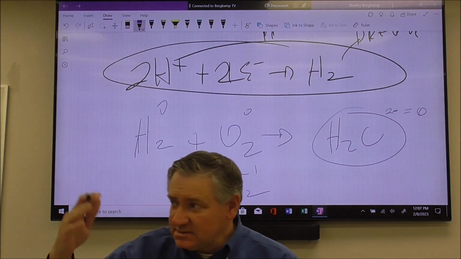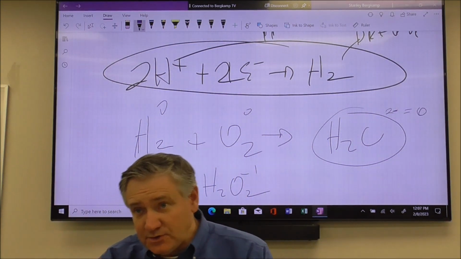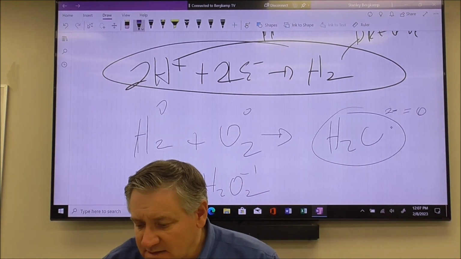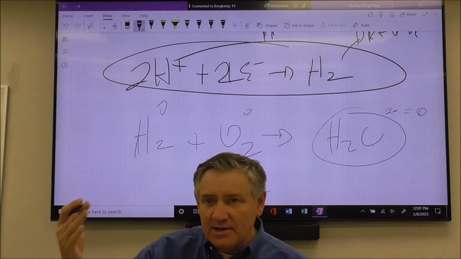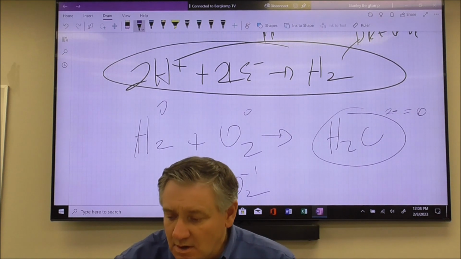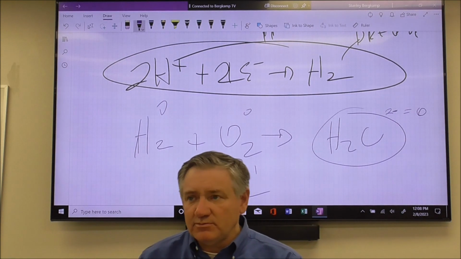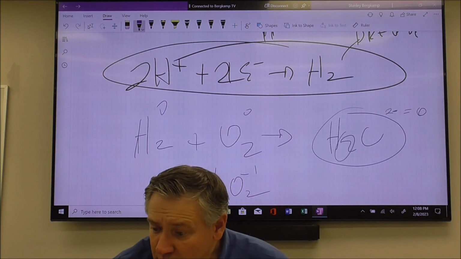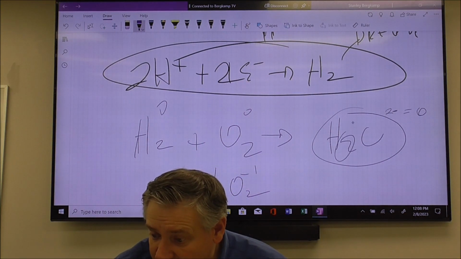Water is electrically neutral, so when I add together the oxidation states of hydrogen and oxygen, they have to add up to 0. So what plus -2 equals 0? Plus 2. But I've got 2 hydrogens, so each one has a charge of +1.